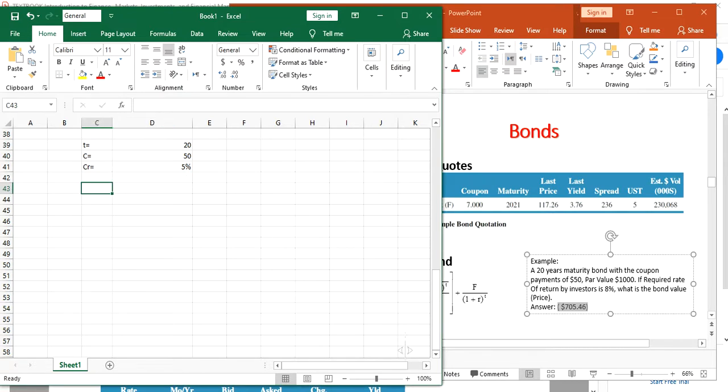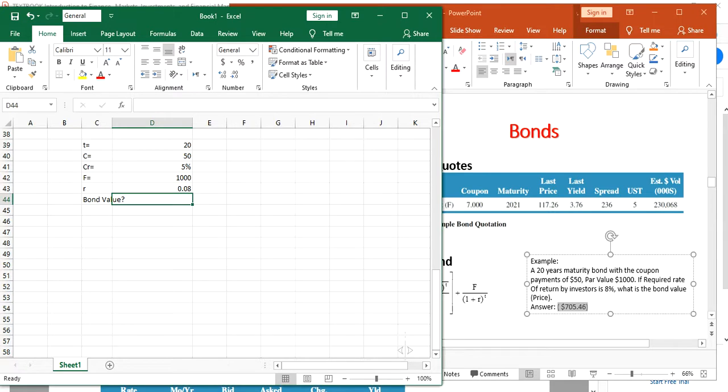And now par value, which is the same as face value, F equals $1,000, and R equals 0.08, so 8%. What's the bond value?